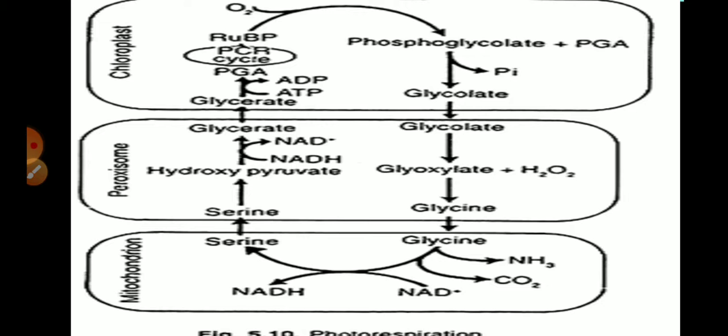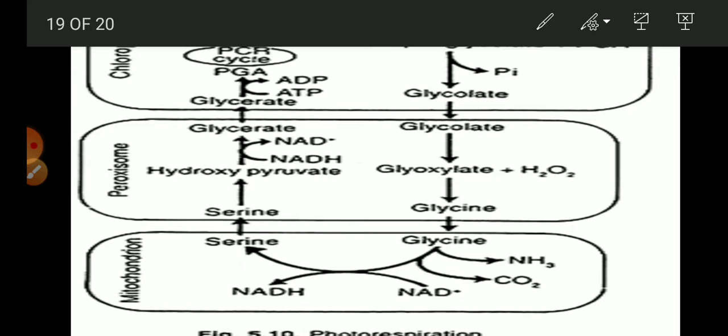Peroxisomes have a great role in eukaryotic cells as the oxidizing organelle, in which hydrogen is oxidized and changed into hydrogen peroxide. That's why its name is peroxisomes.